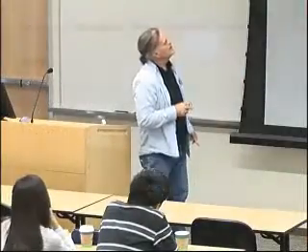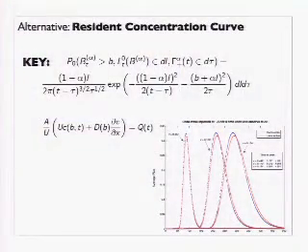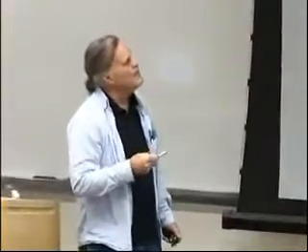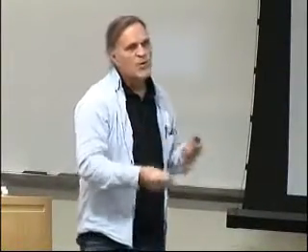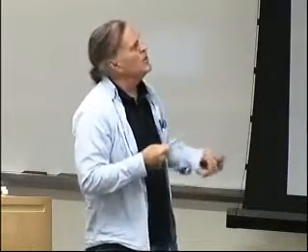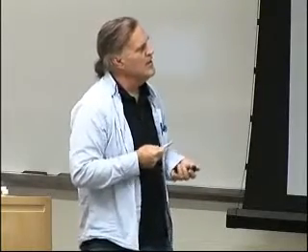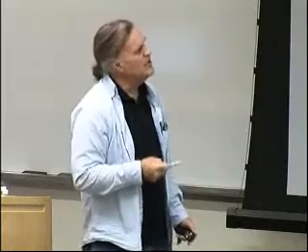This is actually my last slide, because there's an alternative, and I think this is more or less what I talked about last time. An alternative to this stochastic ordering of the first passage times is to compute the resident concentration, to solve the PDE.